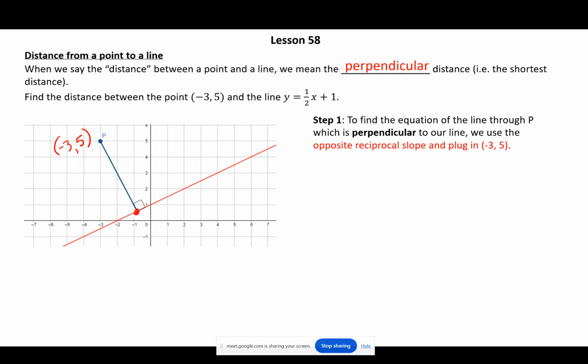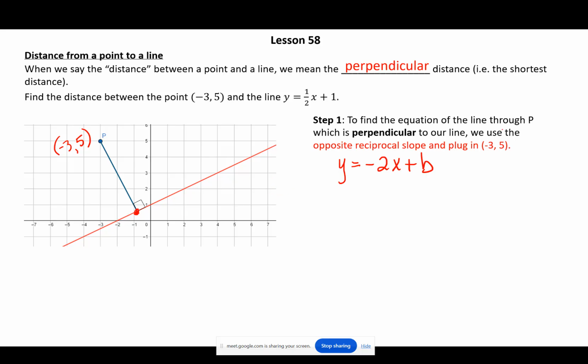So the red line is y equals 1/2 x plus 1. So I know that the slope of the blue line is going to have to be negative 2/1 or negative 2. The blue line is going to be y equals negative 2x plus b.